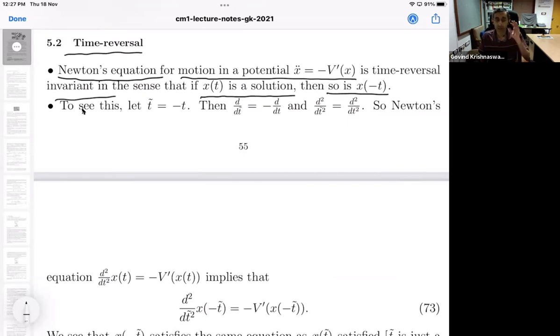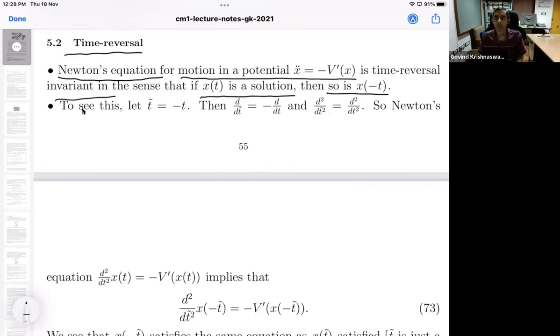What does this mean roughly? Suppose x of t is this motion, the particle moves like this. Suppose you take a movie of that motion, store that movie and play that movie backwards. You will have some motion described. The claim is that the backward played movie is also a solution of the same equation of motion.